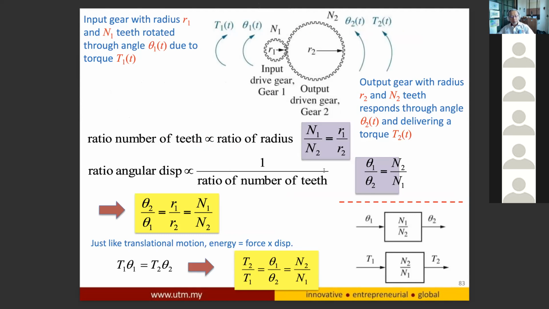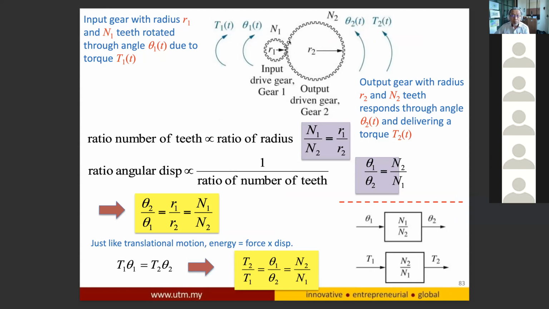So this is the structure of the gear, where you have an input gear and an output gear. Usually R2 is the rear gear at the back of the bicycle, and the input gear is R1. R1 is the radius of gear 1, and R2 is the radius of gear 2.